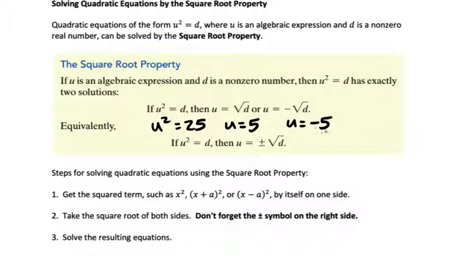So there are two ways that I can write this. One is I could enter 5 and negative 5, or I could use the plus or minus symbol, which you're going to see at the bottom of the screen, and that's going to go in front, so it would be plus or minus 5.